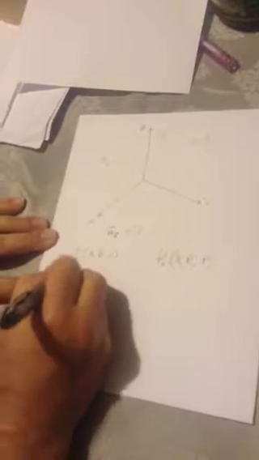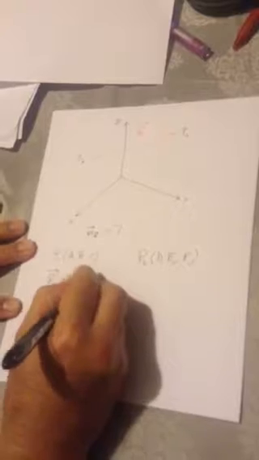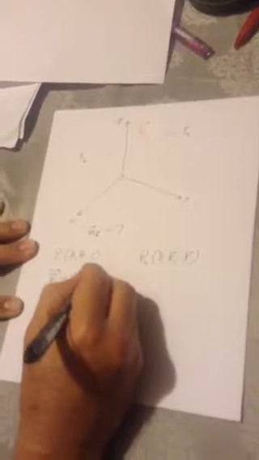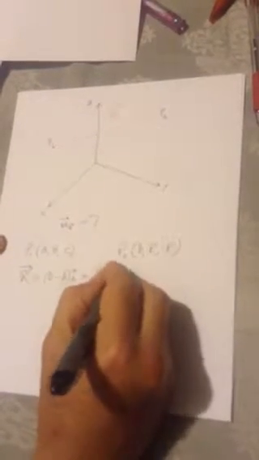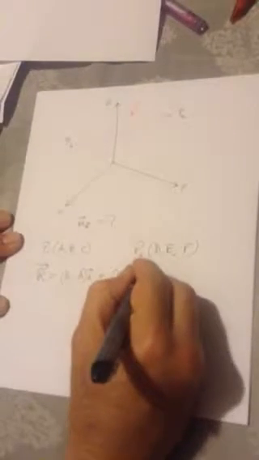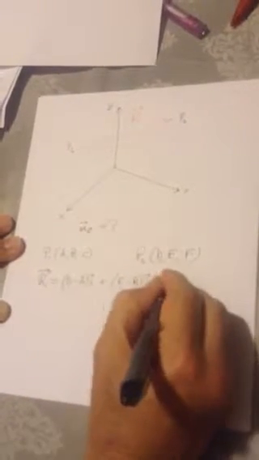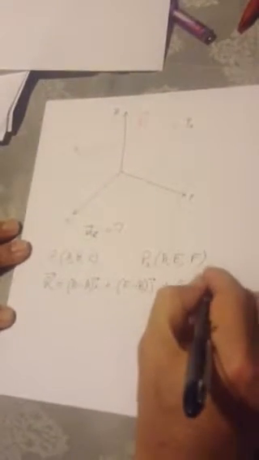First, we need to find vector R, like I said, and vector R is simply going to be given by D minus A times unit vector I, plus E minus B times unit vector J, and finally plus F minus C times unit vector K.